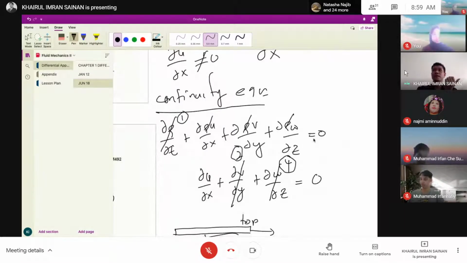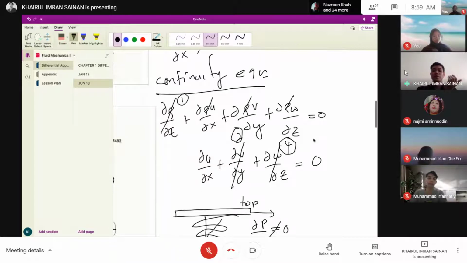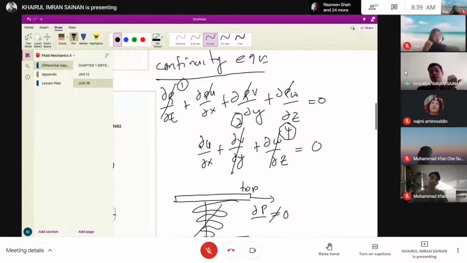After that, you already know chapter 2 is always incompressible flow. So if somebody just directly puts this kind of equation, meaning you don't cancel out this one, there's also a mark for it. So meaning I know that you actually understand. So del u over del x and so on.